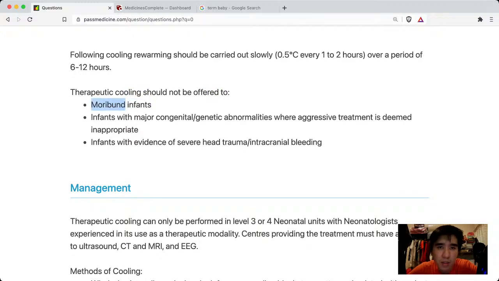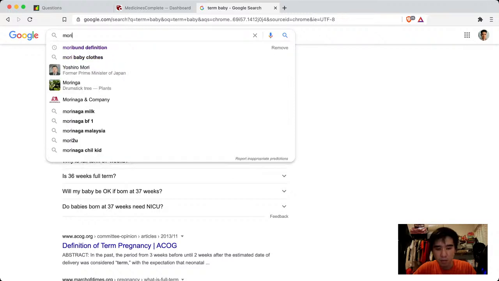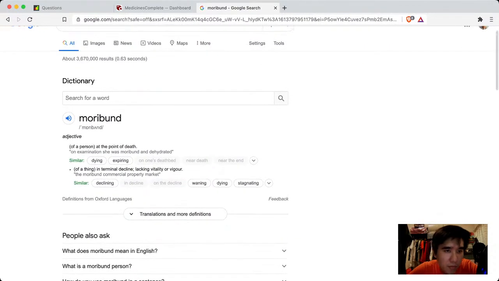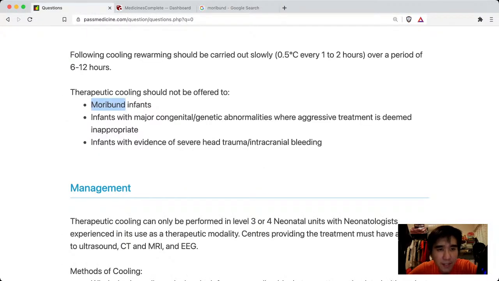Moribund means that they are almost dead. Does that mean moribund? Moribund, at the point of death. Yeah. In terminal decline, lacking vitality or vigor at the point of death. So no point giving it at the point of death.